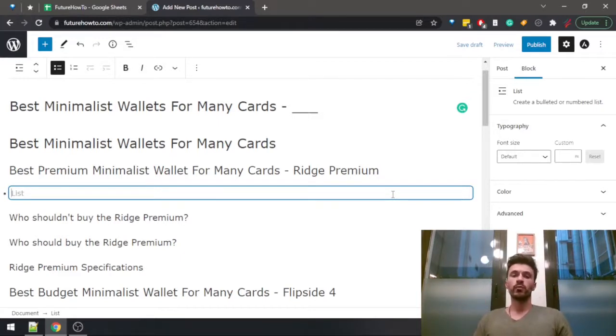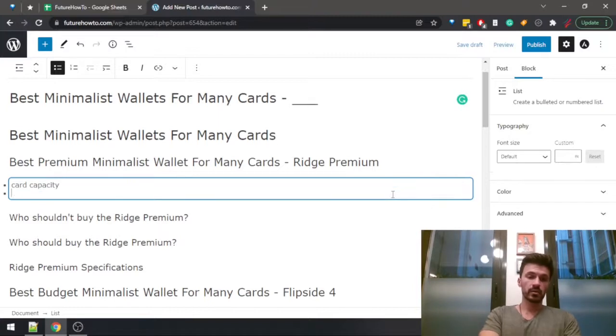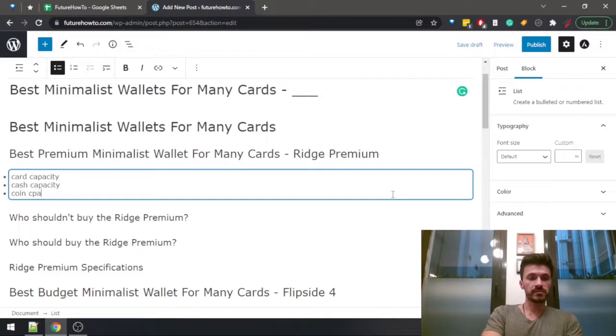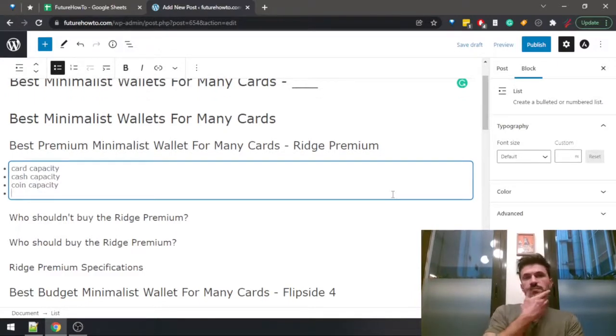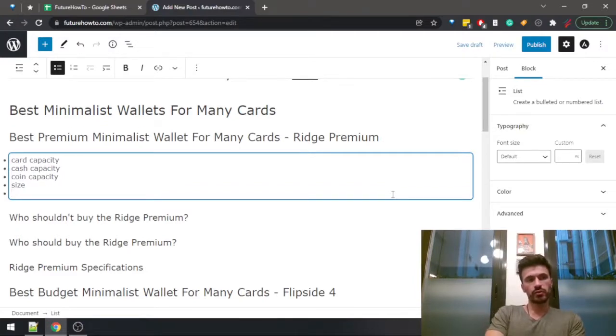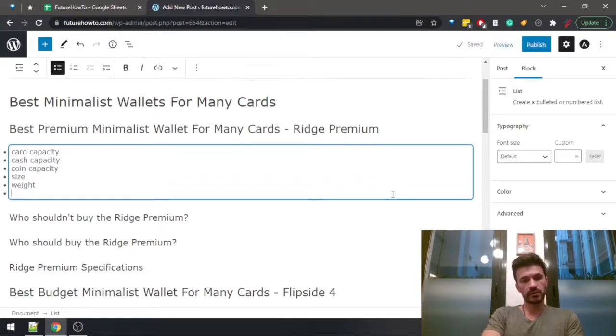So obviously we're going to talk about card capacity, but also cash capacity, maybe coin capacity. And oh yeah, we can do size as well. That's going to be important when we're talking about capacity in general. And then usually related to the size, like the weight, we can add that.